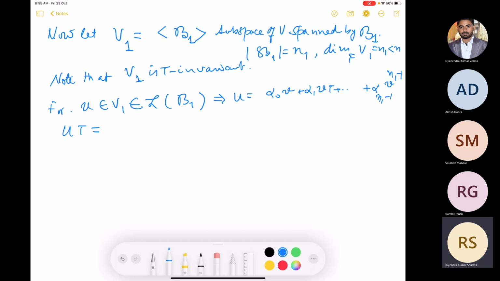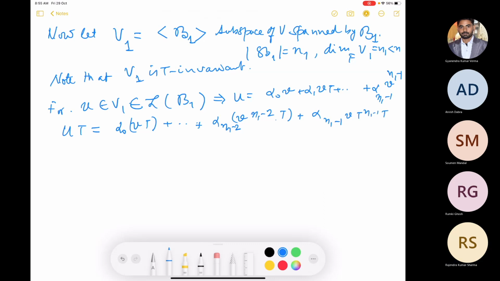When you do this uT, then this is alpha naught vt, and so on, plus alpha n1 minus 1 vt^(n1), and this will be 0 because n1 is the nilpotency index.